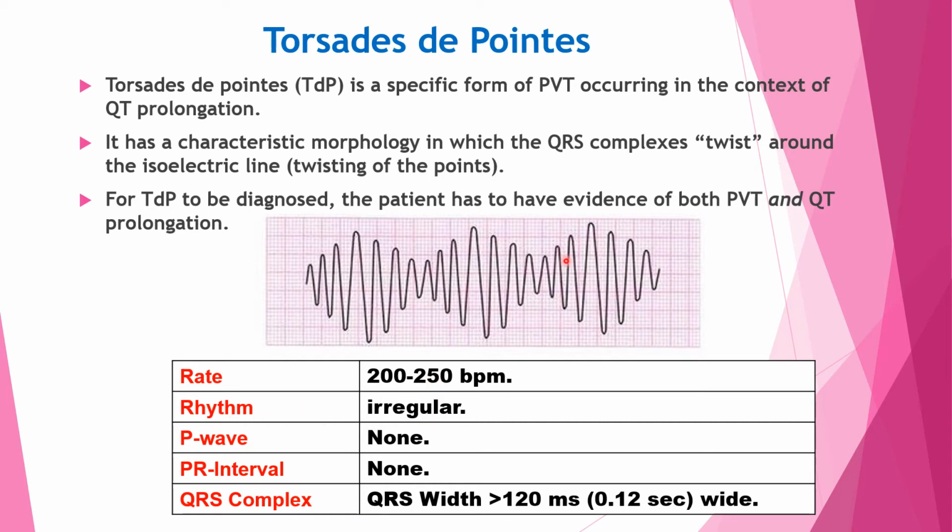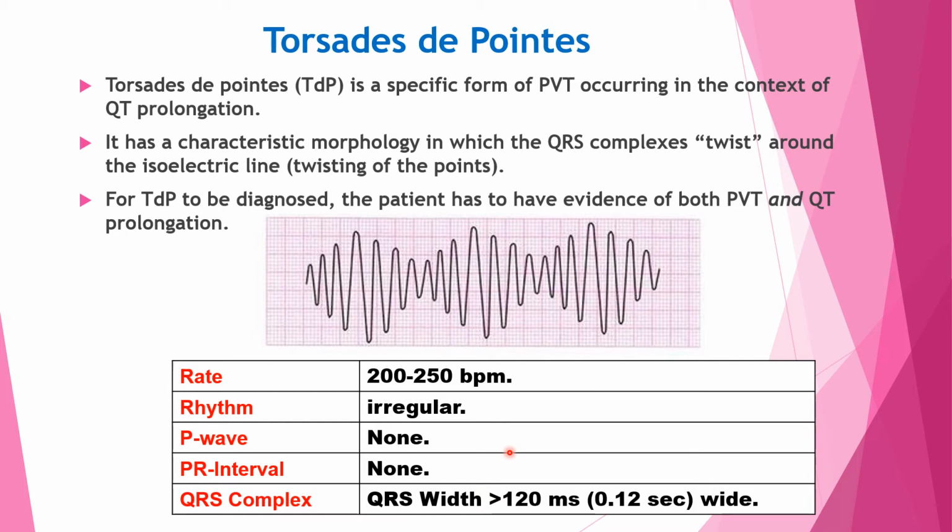Rhythm irregular, P wave none, so we cannot see the P wave here. PR interval also none because no P wave. QRS complex wide, more than 120 milliseconds, that means more than 3 small squares.